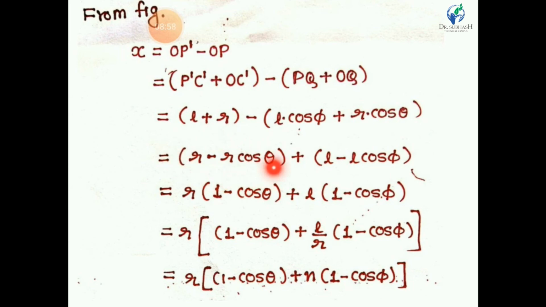In the first bracket we take R common, so we get 1 minus cos theta, and from the second L common, 1 minus cos phi. Taking R common from both, we get R in bracket 1 minus cos theta plus L upon R times 1 minus cos phi. We know that L upon R is n, so we rewrite R in bracket 1 minus cos theta plus small n in bracket 1 minus cos phi.